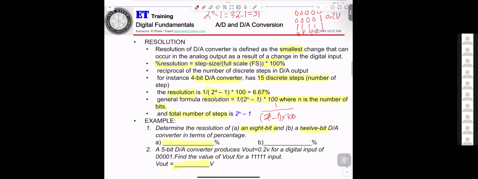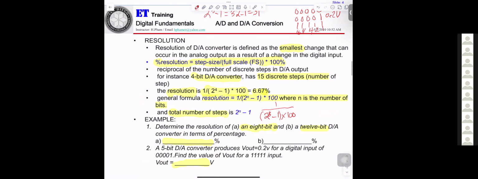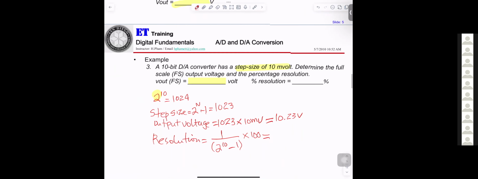That is how to calculate the resolution.